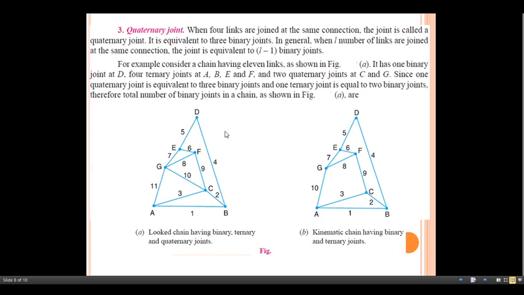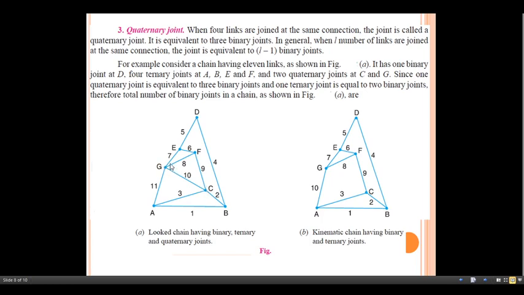Here one binary joint is available at D. Apart from this one, there are four ternary joints at points A, B, F, and at point C and point G. These are nothing but the quaternary joints.